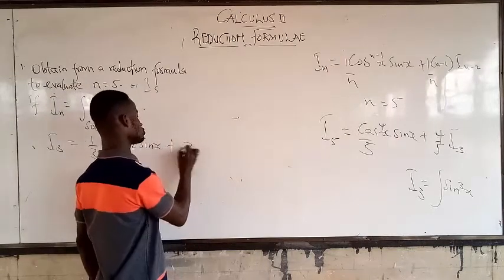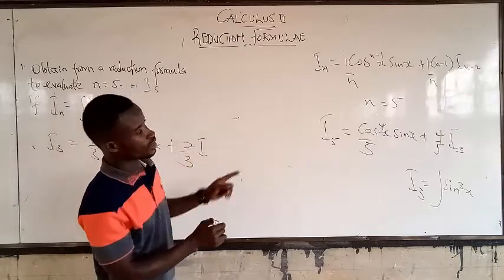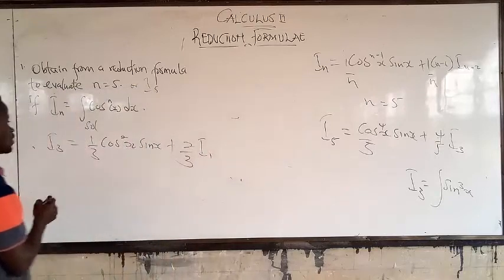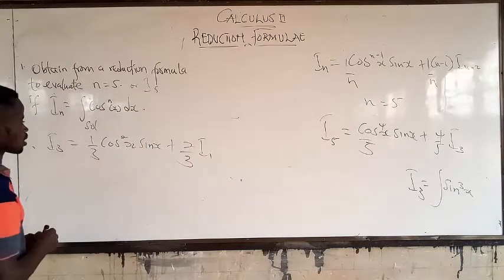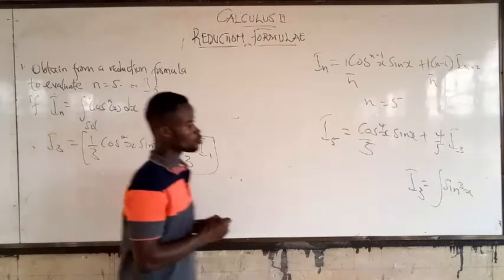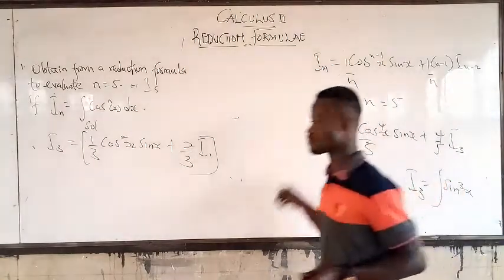So here is going to be 2 over 3 I1, because 3 minus 2 is 1. Very good. Now we get the whole of this to multiply 4 over 5, and that gives I5.